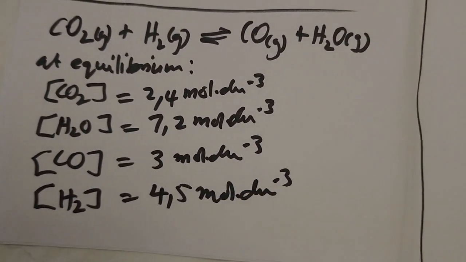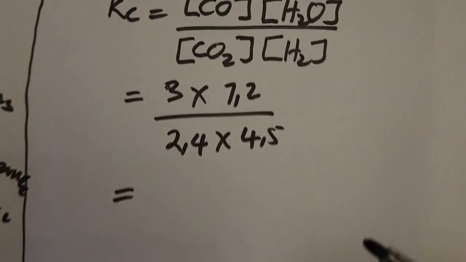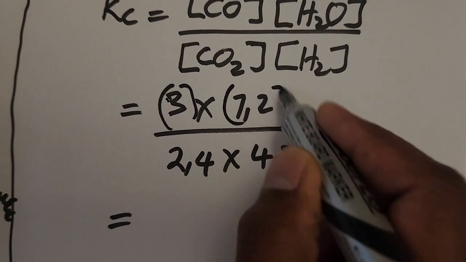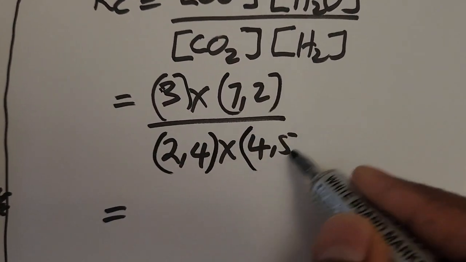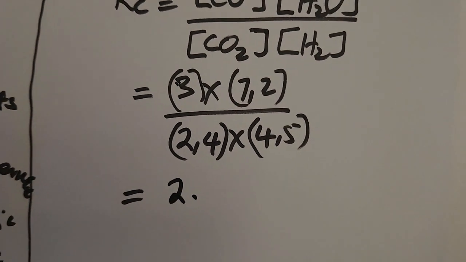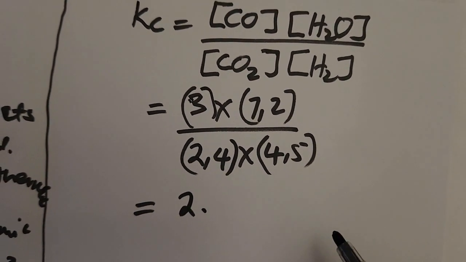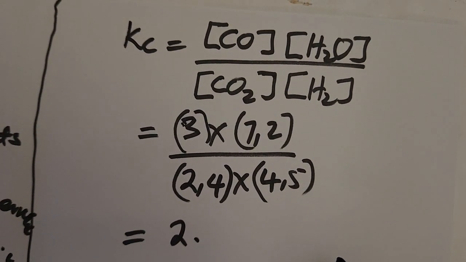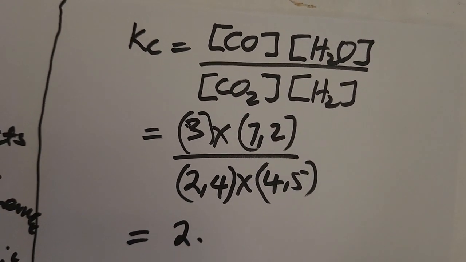Then you just slot in the values, and you can put brackets if you want to. It's not an issue. Then your final answer will be 2, a high Kc value. That is when we calculate the Kc value.